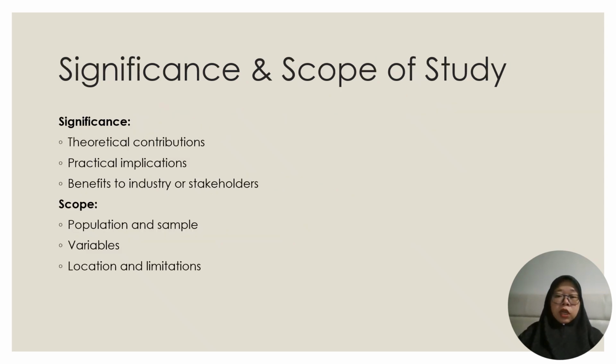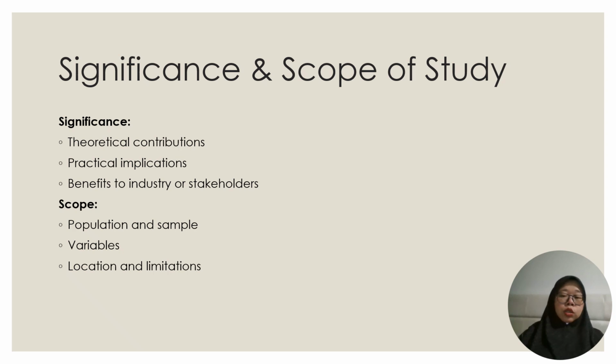The significance of a study explains the value it brings theoretically and practically. You might be wondering: who would benefit from the findings? How does the research close the gap? What can stakeholders gain from this study? The scope, on the other hand, clarifies the boundaries of your study.